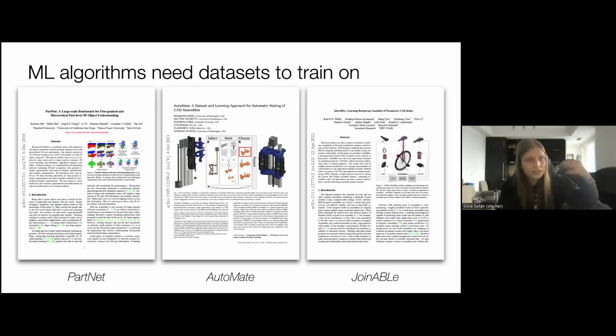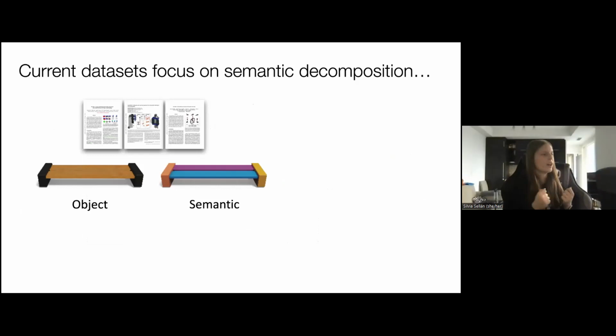So there are existing data sets like PartNet, Automate, and Joinable that are supposed to work for this. The problem is that these are semantic segmentation data sets. They're not exactly the same as fracture data sets. The difference is that an object usually has different parts, and these data sets are semantic in the sense that they separate the object into what intuitively a human would recognize are the different parts of the object.